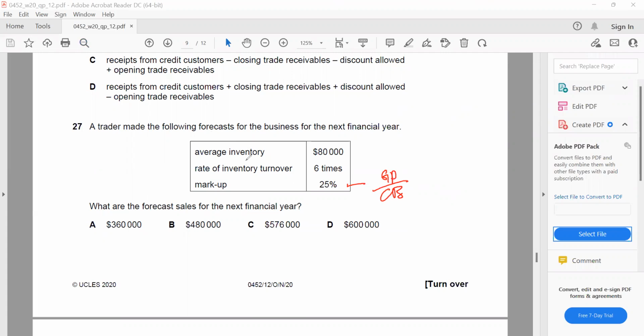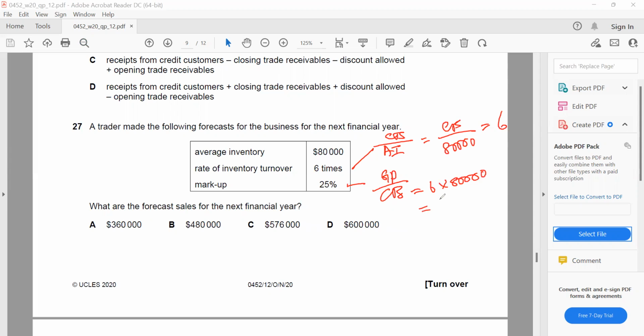So we use the rate of inventory turnover, which is the cost of sales over the average inventory. So here we have cost of sales over average inventory of 80,000 equal to 6. So our cost will be 6 times 80,000.